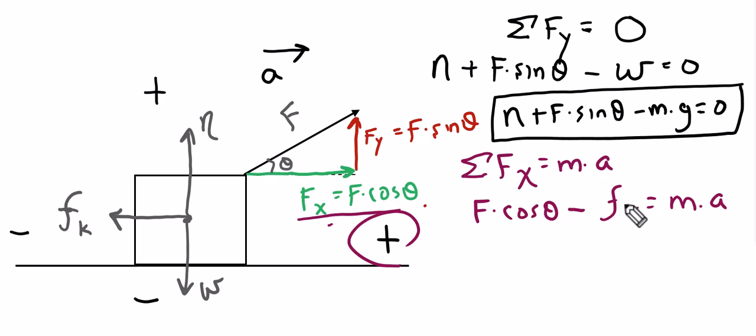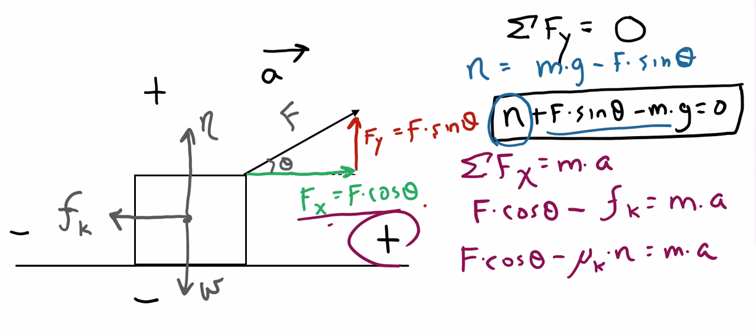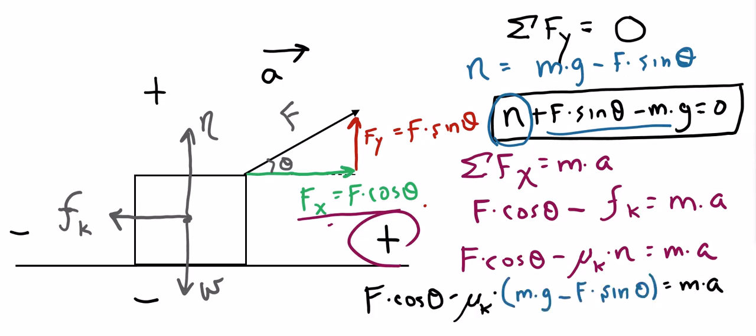We know that Fk can be expressed in terms of the coefficient of kinetic friction and the normal force. And we could get the normal force from here. If we go ahead and move all this to the other side, we get the normal force. And so that will go in place of the normal force. And so we get this relationship right here.